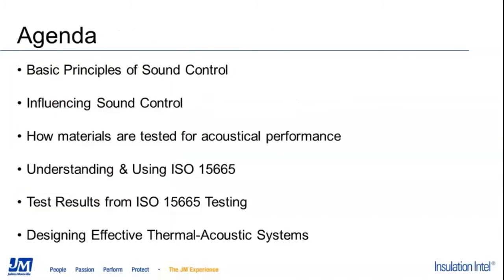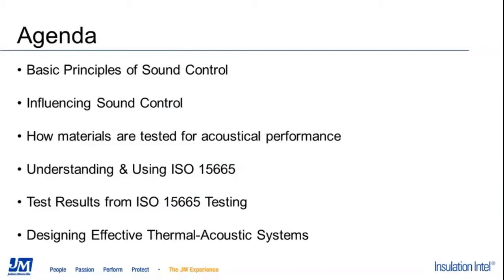So before we dive into the material, just take a quick look at what we would like to try and cover for you today. We're going to start with a hopefully brief overview of some basic principles of sound control, look at some different mechanisms for influencing sound control, talk about how materials are tested to gauge their acoustic performance and the way they can contribute to the reduction of noise issues.